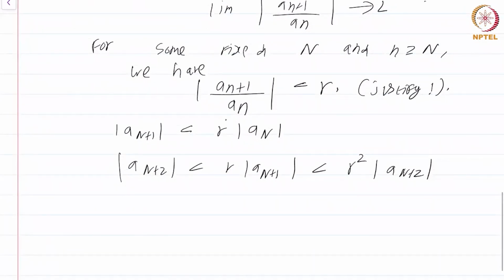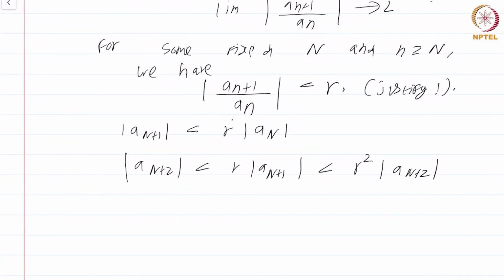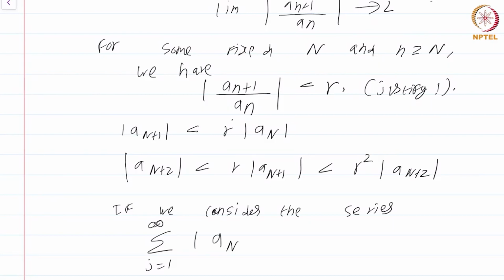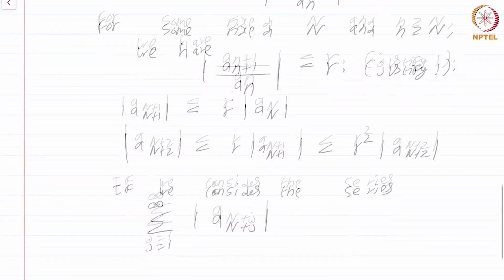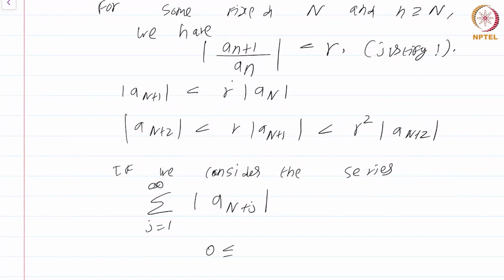So what will essentially happen is, if we consider the series summation j equals 1 to infinity mod an plus j, if I consider this new series, call this new series, let me call this Cj, then I know that 0 is less than or equal to Cj, and Cj is strictly less than r to the power j times mod an.